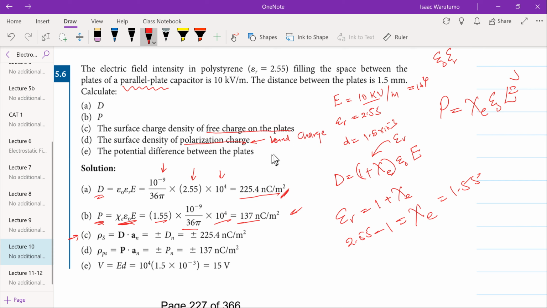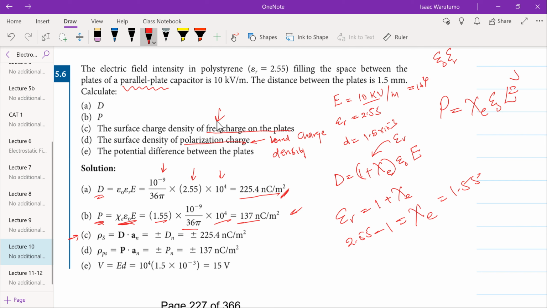From the review I have just taken you back. And this is the one that appears normally if the distance between the plates has some free charges, then we have free charges. Therefore, we have surface charge density on the plates.